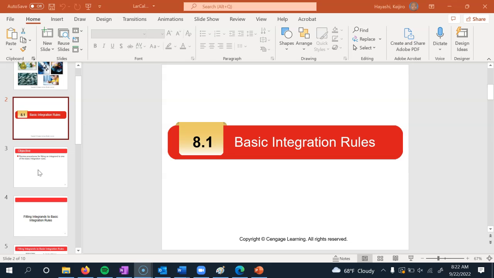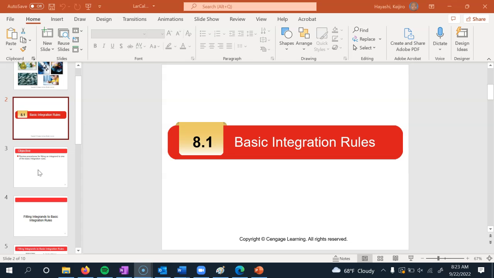Still, there will not be any new functions or new integrals or anything like that, but it's just how to deal with maybe combinations of those functions that you haven't seen before, but still no new functions. And we're just going to start with the section that covers basic integration rules.